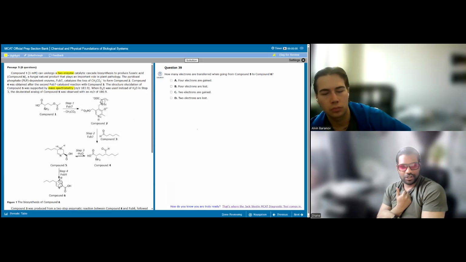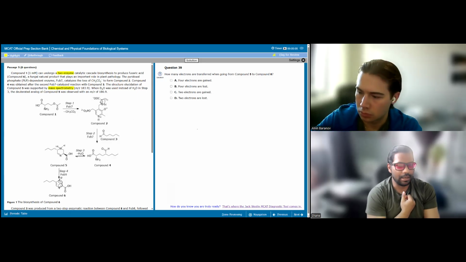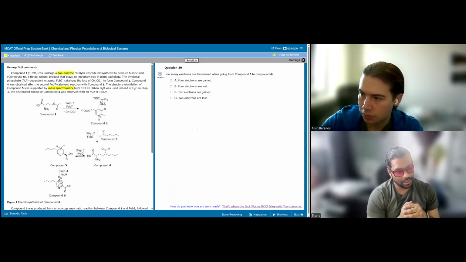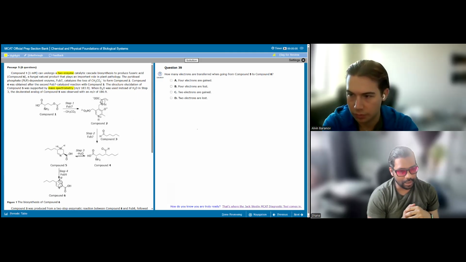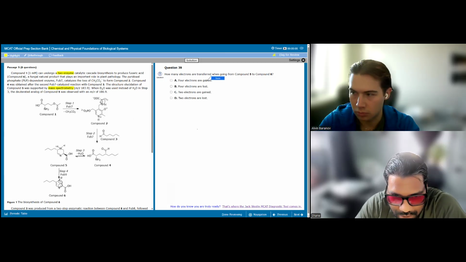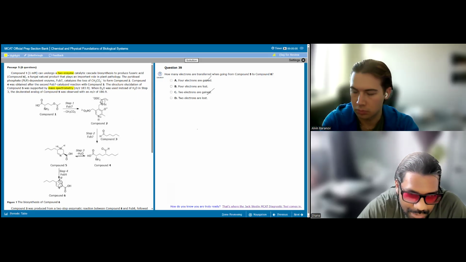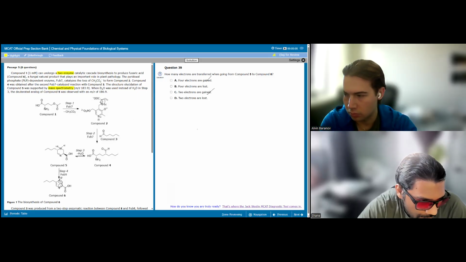We have a loss of hydrogens, which happens when you have oxidation. And when you have oxidation, you lose electrons. So I would say electrons are lost. Now, is it going to be two or four?